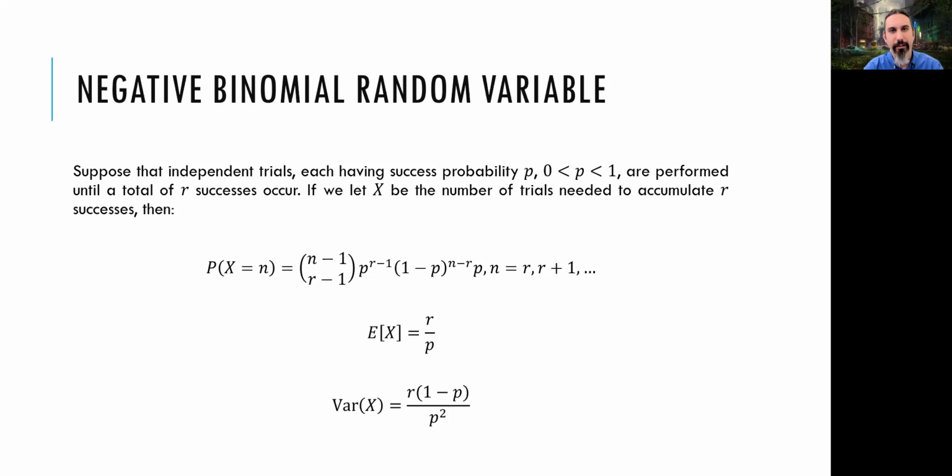So excluding the last trial, we can think of this as a binomial random variable. If you exclude the last trial, you have n minus 1 trials with r minus 1 successes. It's the definition of a binomial random variable. So you just write the formula for the binomial random variable like this one. n minus 1 choose r minus 1, p to the power of r minus 1, and 1 minus p to the power of n minus r.